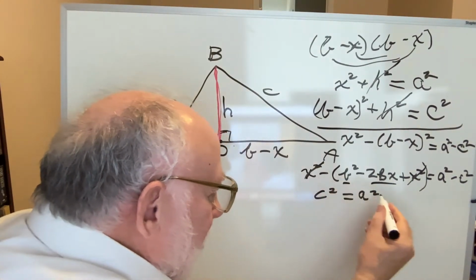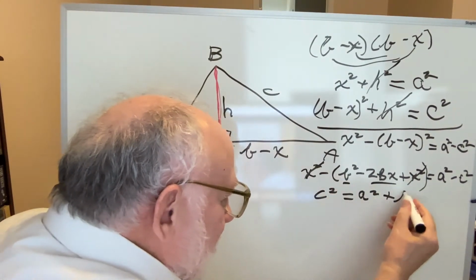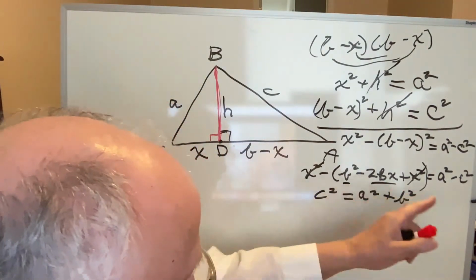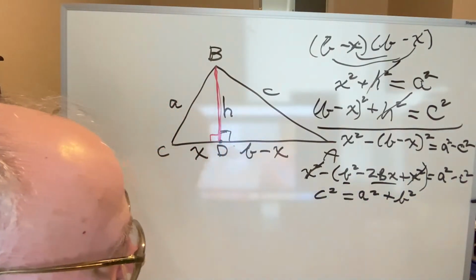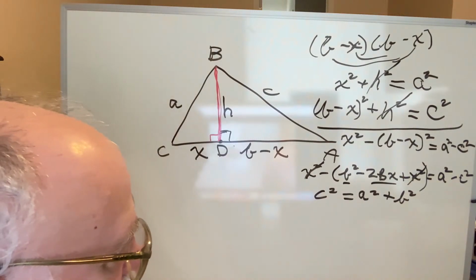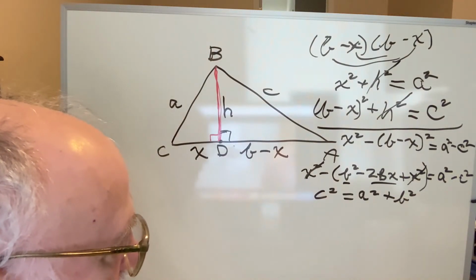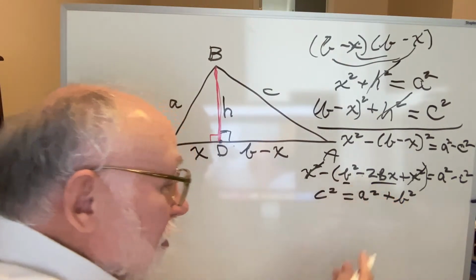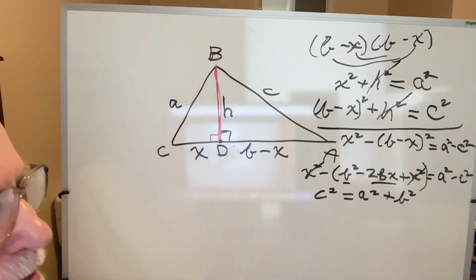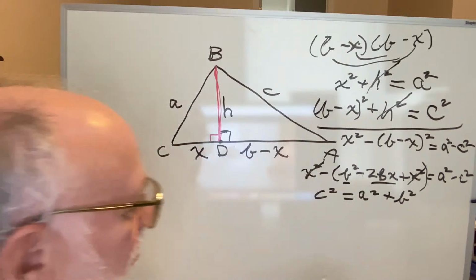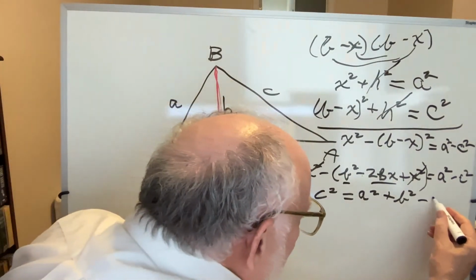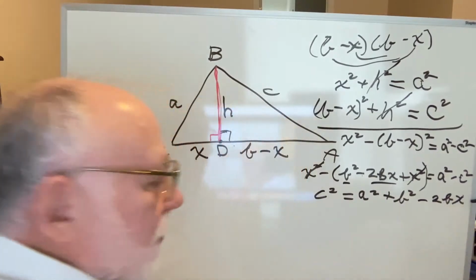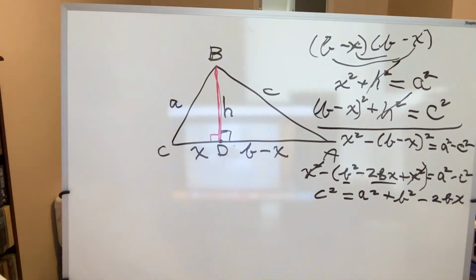Now we're subtracting b squared on this side, so when we push it over on the right side, we're adding. Now this minus gives a plus, so when it goes over here, it becomes minus 2bx.